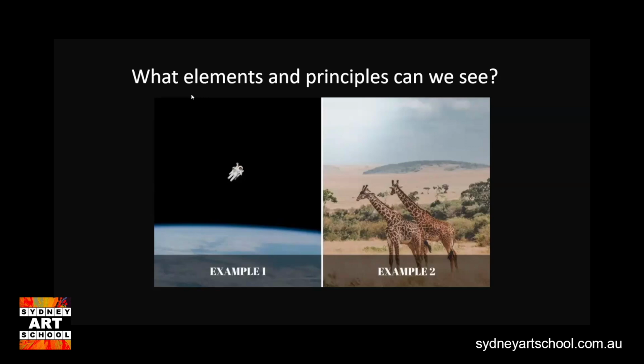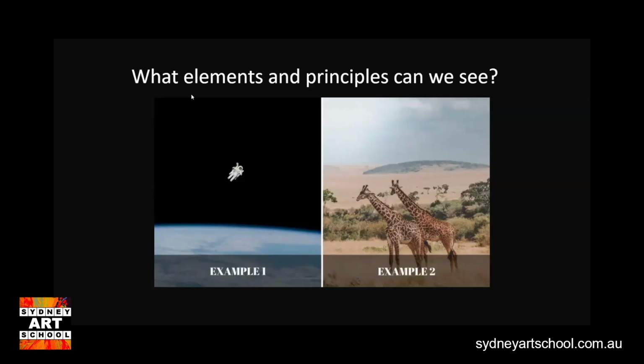And that's fine. We're not going to see, like, every image is not going to have every element or every principle of design, because if it did, then images would look a lot more uniform than they do. So it's not a matter of saying that every picture has to have all of them.